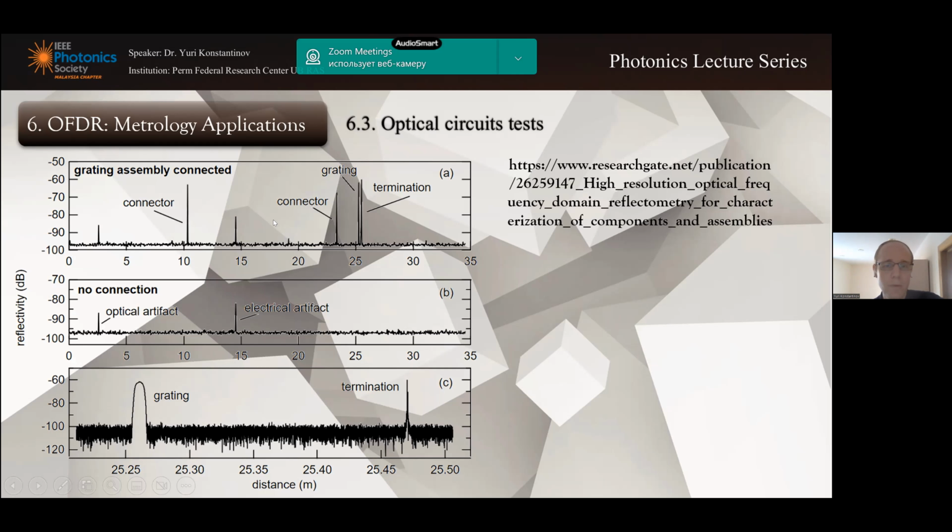We can see the connector, the grating, the fiber termination, and if we zoom in on this part of the picture, we can see the attenuation, the field of the noise, the early scattering, and the differences between the early scattering and the noise. So a lot of different artifacts can be seen in these OFDR traces, and it is a general application for metrology OFDRs at present.